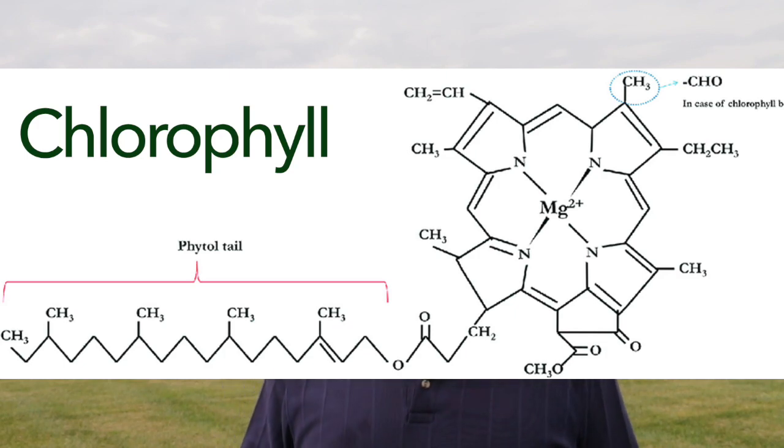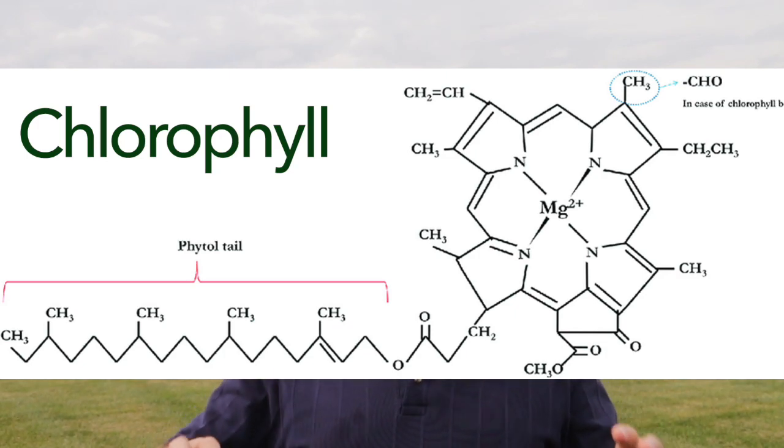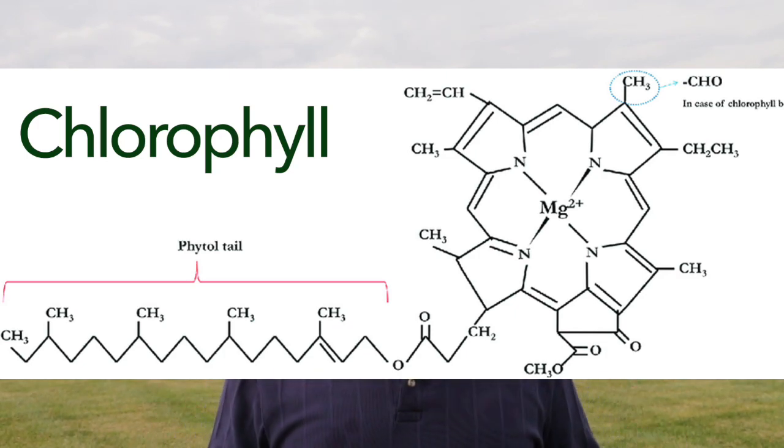It is a very large molecule, and in the center of the chlorophyll molecule is a magnesium ion, and the magnesium is surrounded by nitrogens that hold the magnesium in place. So magnesium and nitrogen are the unusual components of a chlorophyll molecule.